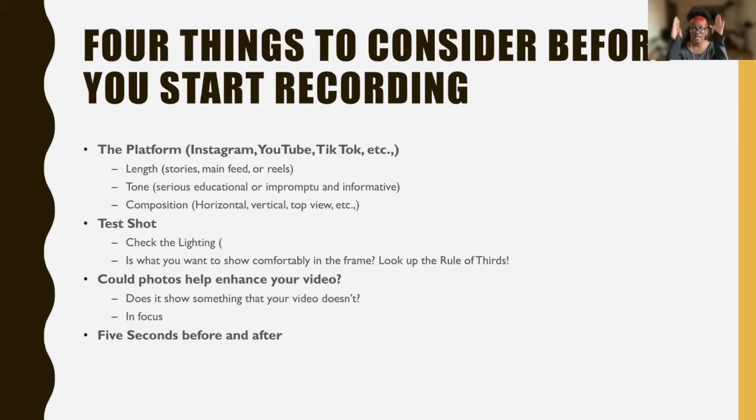With my arms out, it breaks down the frame into three boxes, and then two more lines, and wherever the lines intersect is where you would want the main focus of your image to be. It helps tell people where you want them to look. It shows them the important part of your video.